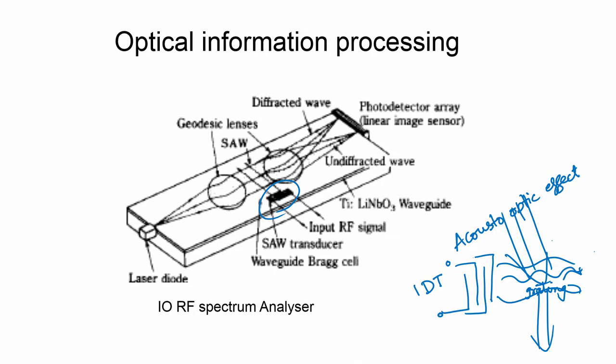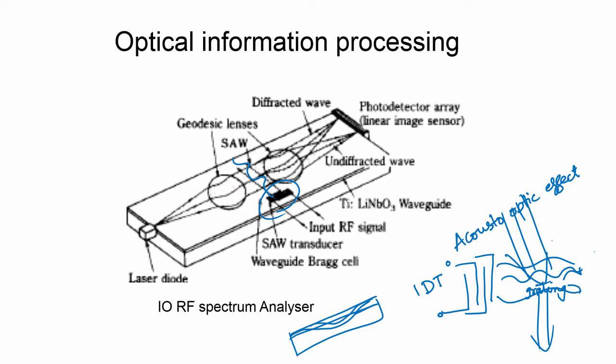So, this is the acousto-optic cell, and the surface acoustic wave or the grating is created here. These are the lenses called geodesic lenses. You can take a slab waveguide and, by proper stress impression, create lenses like this. We have not discussed lenses in this course, but you can expect them to behave like a conventional lens. These lenses also have properties like focal length, and like conventional lenses you can use them to focus the beam, for beam shaping and so on.